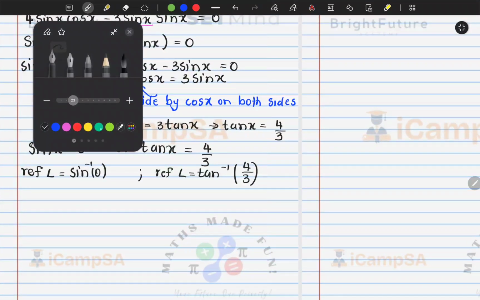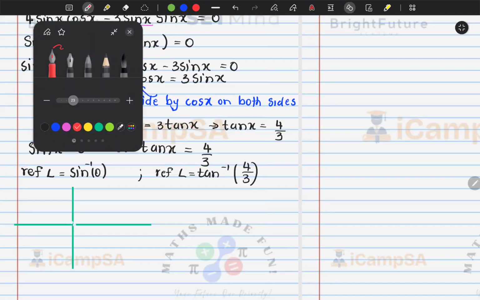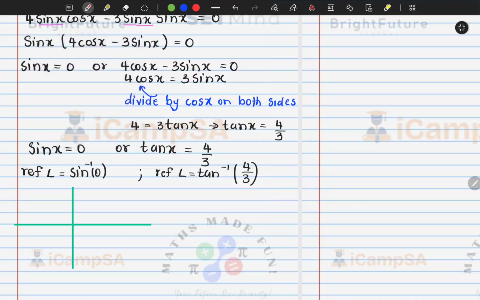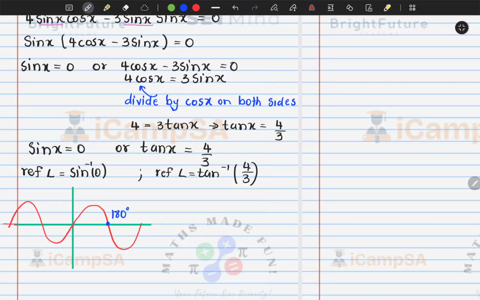But let me quickly remind you of how the sine graph works. So if we can quickly have a sketch here, you should remember that your sine graph looks something like this. Then it goes back like that. And what you should note is at this point here, it is at 180. That's where it is 0, and 360 here, and 0 here, and at minus 180 there.